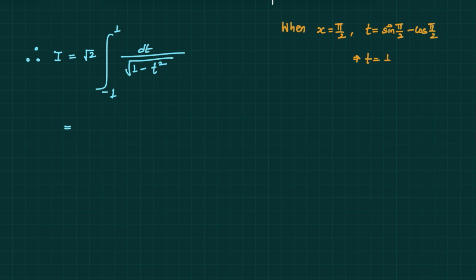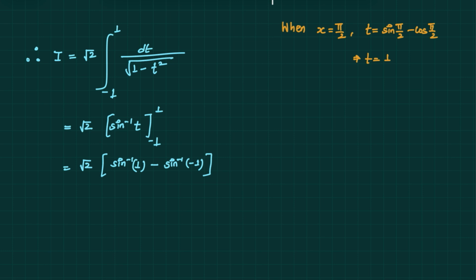So this equals integration of 1 over square root of 1 minus t square is sine inverse of t, and the limit is minus 1 to 1. So this is the direct formula. So now let us use the upper limit, then it will be sine inverse of 1 minus, using lower limit, sine inverse of minus 1.